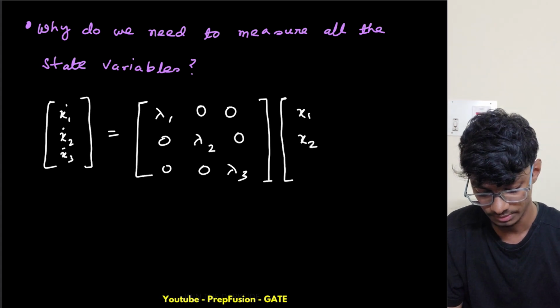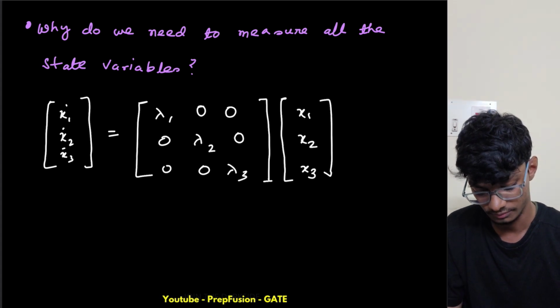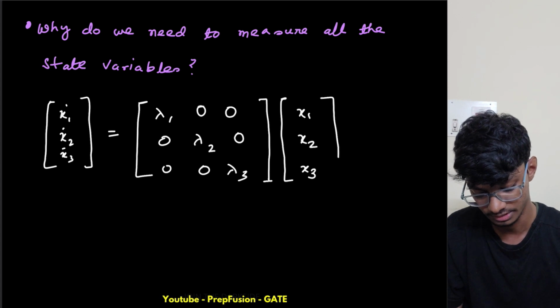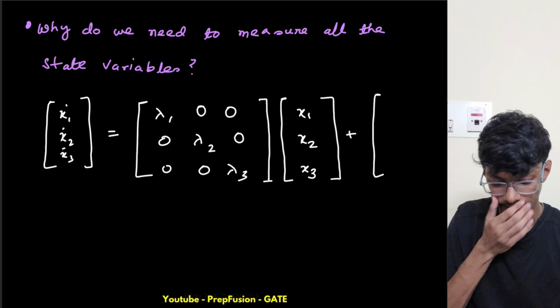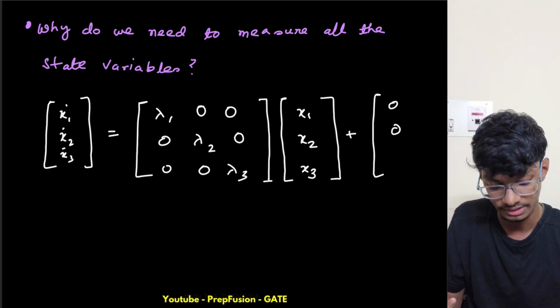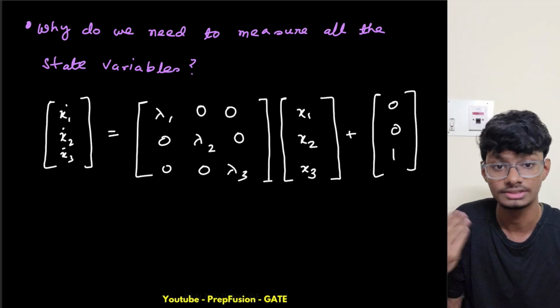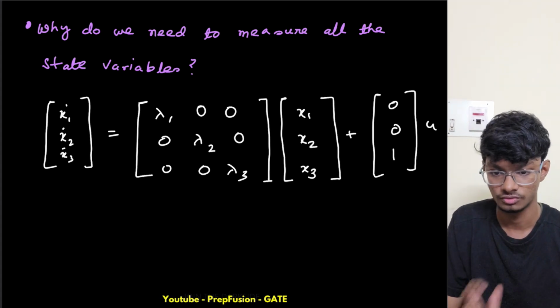This is my state vector, and we have an input B. Let's say this input is 0 0 1.